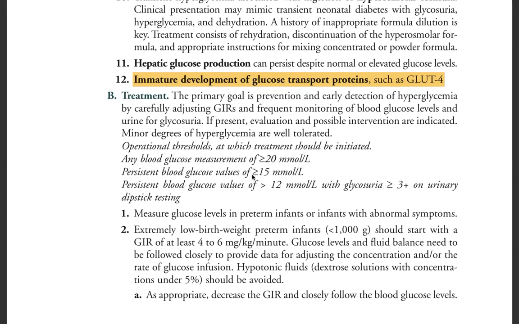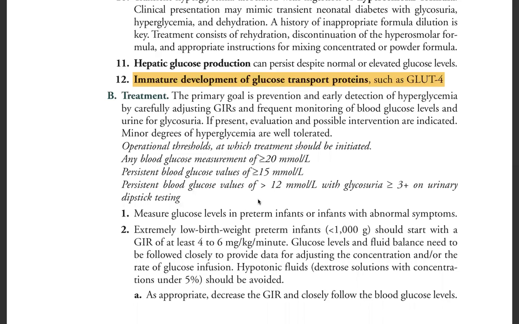Persistently more than 15, which is up to about 250 to 255, for more than 1 day, 2 days, 3 days, then you can think of treating it. And if it is persistently more than 12, around 210, with glycosuria on urinary dipstick, then you have to treat. So these are the 3 situations where treatment was initiated in various studies. This is not a hard and fast rule. These are taken from various guidelines and studies on hyperglycemia.